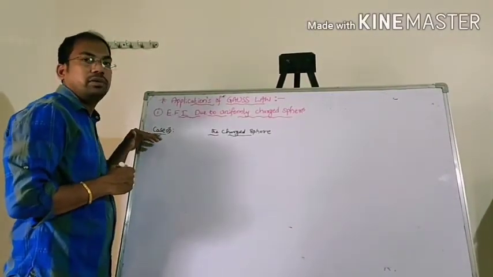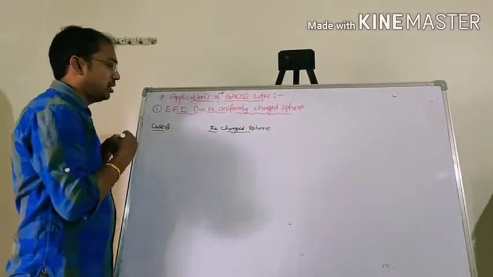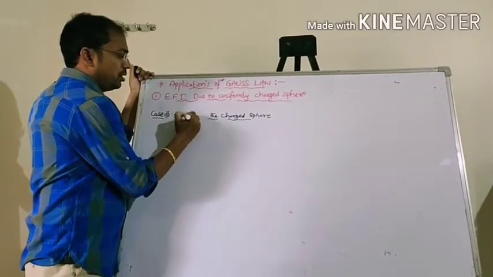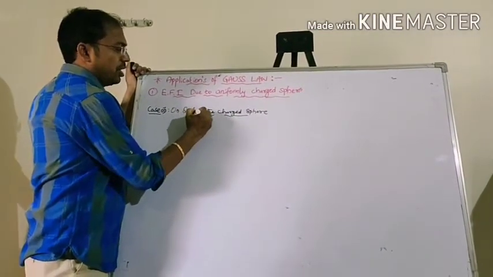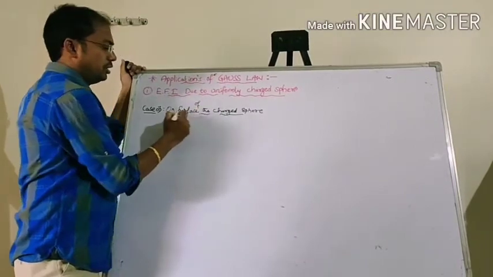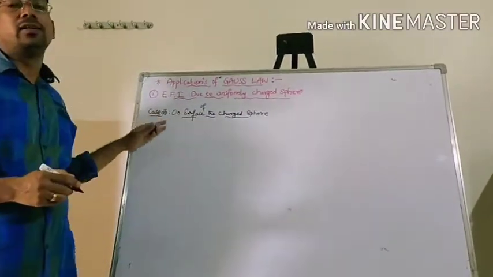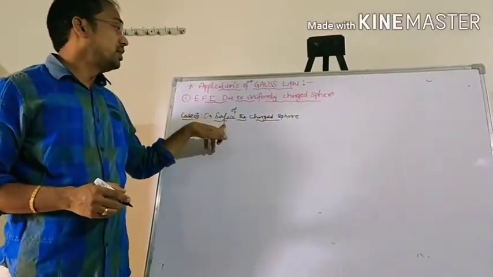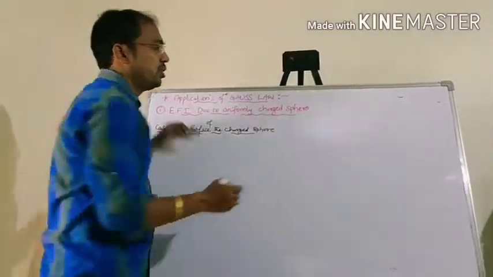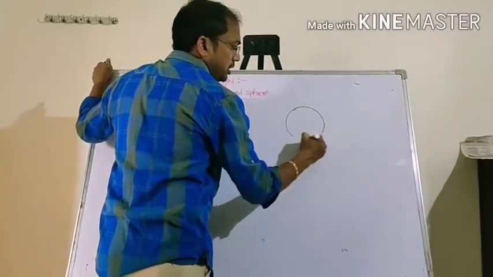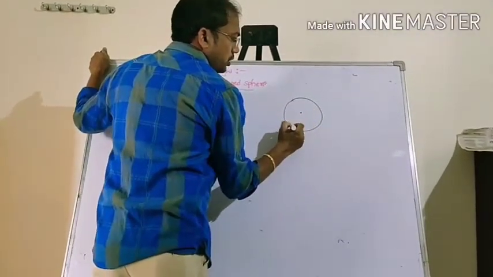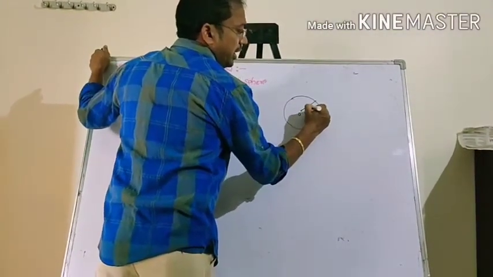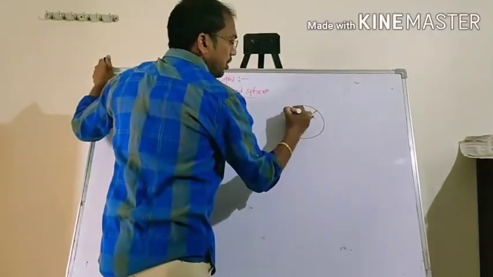Now the second case is on the surface of the charged sphere. In the first case we saw outside of the charged sphere, and here the second case is on the surface of the charged sphere. See here, this is a sphere of center O and radius capital R. This is uniformly charged.